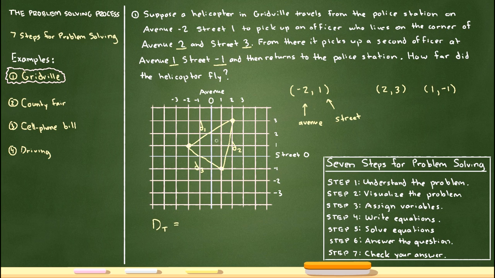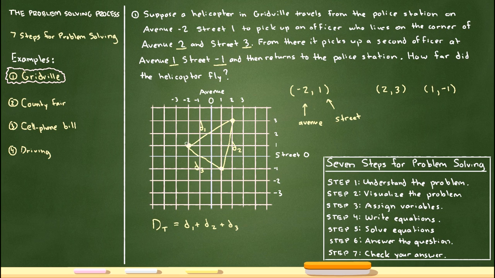So this will equal D1 plus D2 plus D3. That sounds good. And now how could we find these D values? If we knew D1, D2, and D3, then we would be able to fill those in and we could answer the question. So now the next step would be, what's D1 and D2 and D3?